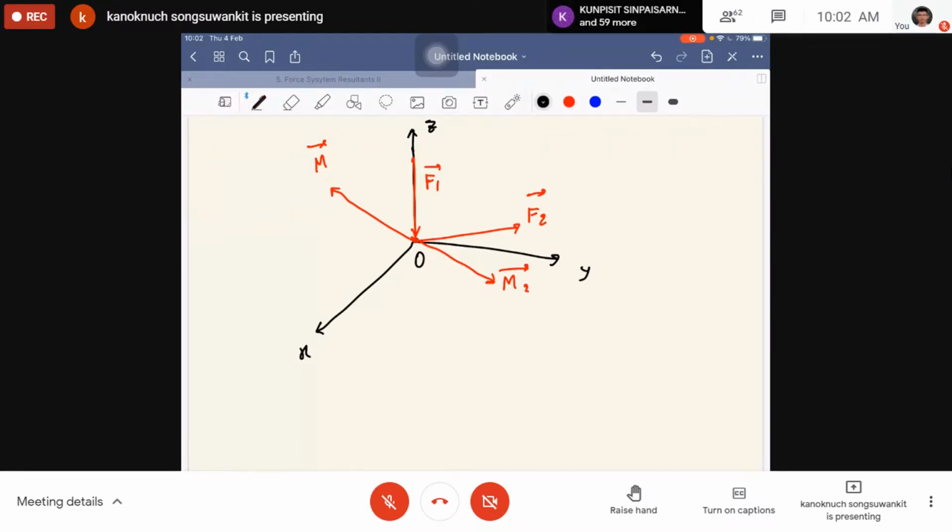So now we can find the resultant force, Fr, and also the resultant moment, Mr. Here for the force, we have only two forces, F1 and F2. And for moment, we have M and M2.